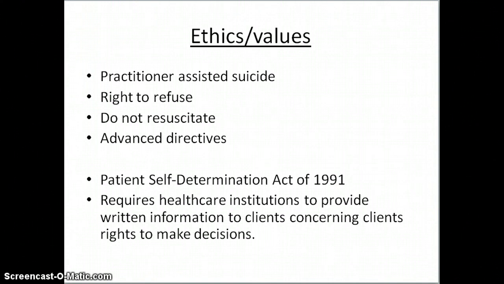The durable power of attorney or healthcare proxy then designates a person to make healthcare decisions for them. So if it's somebody that has Alzheimer's and they are unable to make healthcare decisions, perhaps their son or daughter or spouse has been given the title then of durable power of attorney, and they will then make decisions related to their health care. This is all in chapter 23 in Potter and Perry.